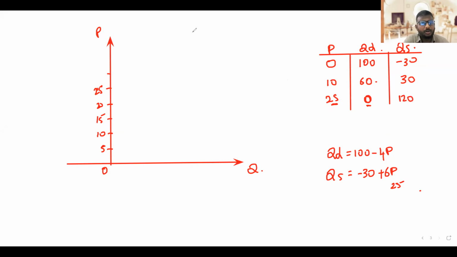Now all you have to do is, I think 5 rupee intervals are fine, right? Because here also for 5 rupee intervals, I can find proper quantities. So all good. And remember, you are doing this in a graph sheet. So you will have one big box, and inside that one big box, you will have small boxes also.